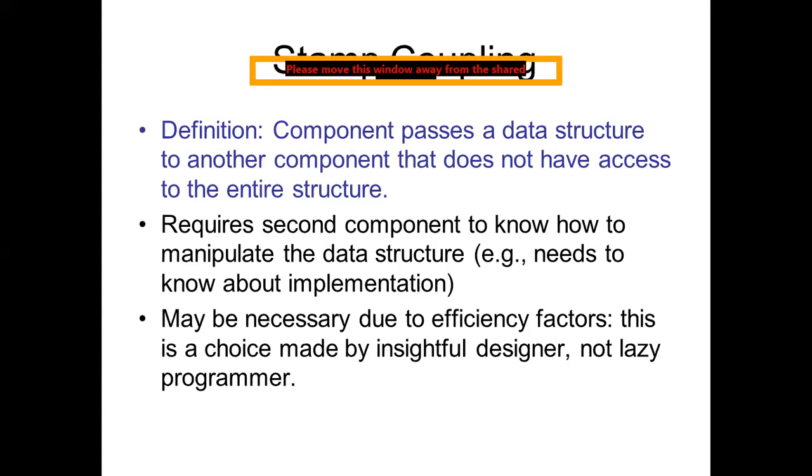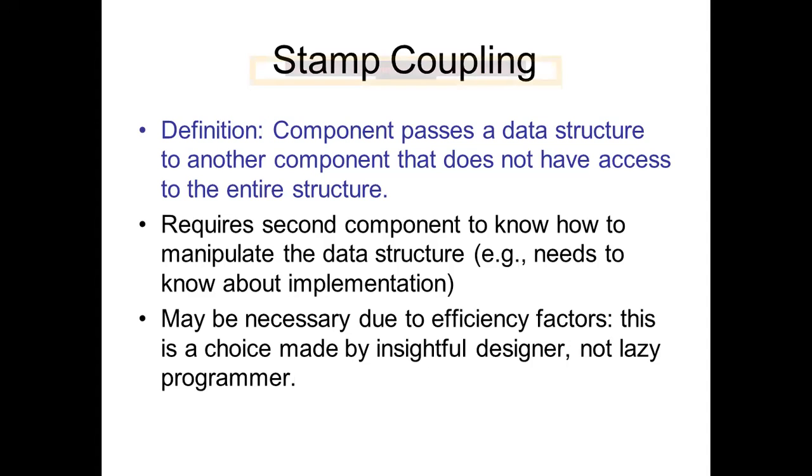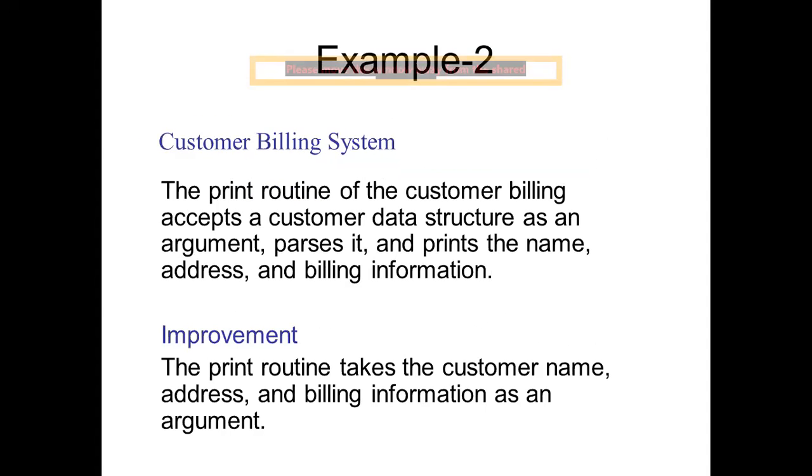Here we cannot take advantage of the whole structure with the help of only one component. So this is called the stamp coupling, and this customer billing system comes under the example of the stamp coupling here.